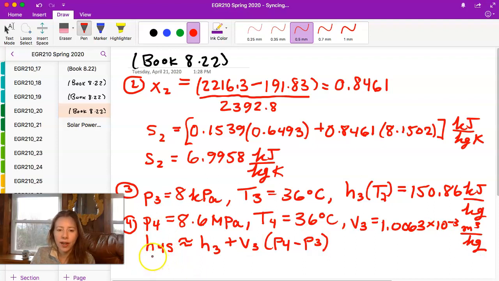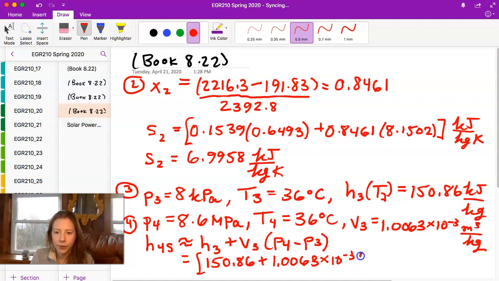Okay, so H4S is going to be our H3, which is 150.86 plus 1.0063 times 10 to the minus 3 times 8,600. Okay, because we're dealing with 8.6 megapascals, which is 8,600 kilopascals, minus 8 kilopascals. So our metric prefix in this case is consistently kilo.